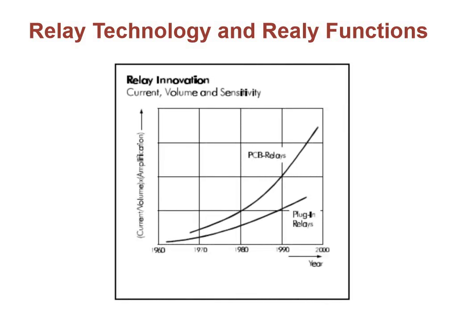Using new and advanced contact materials, the switching capacity has either been maintained or increased, and the use of new plastic materials has improved the insulation property of the relay. State of the art technology and precision engineering has led to increased relay sensitivity. Relay sensitivity means the ratio of input coil power to switching capacity.